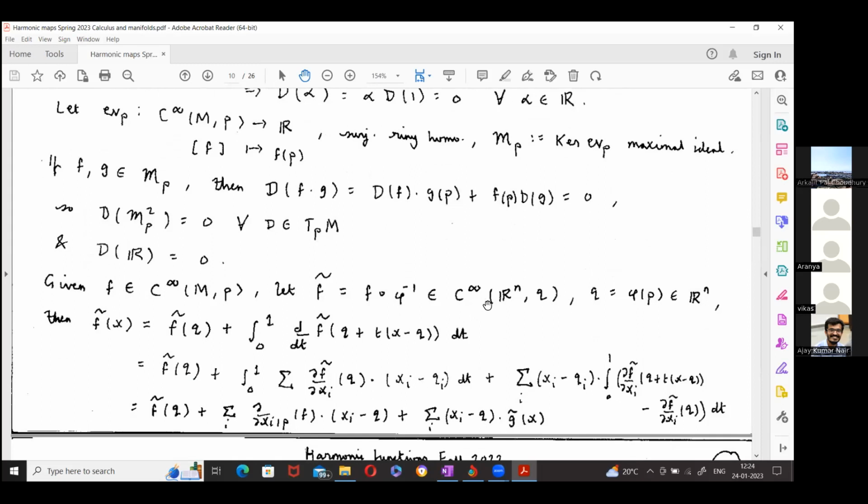This is a germ of smooth function in R^n near Q, where Q is phi of P. Now, if I take any x near Q, by the fundamental theorem of calculus, I can write f tilde of x as f tilde of Q plus the integral from 0 to 1 of d dt of f tilde of (Q plus t times (x minus Q)) dt. This is just the fundamental theorem of calculus.